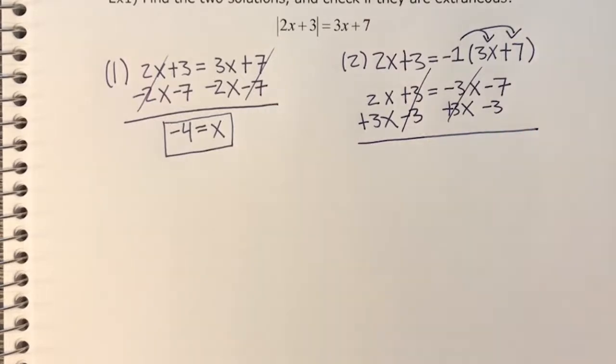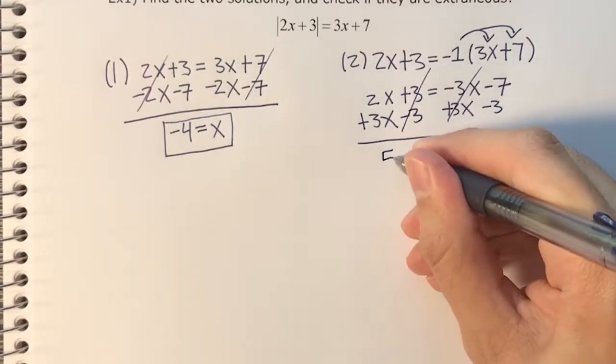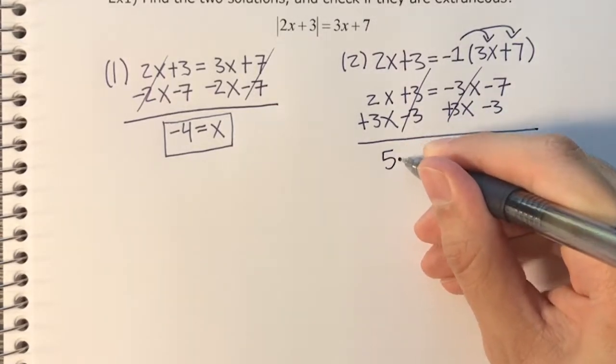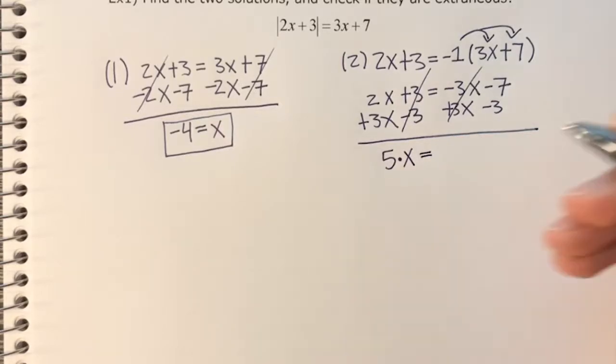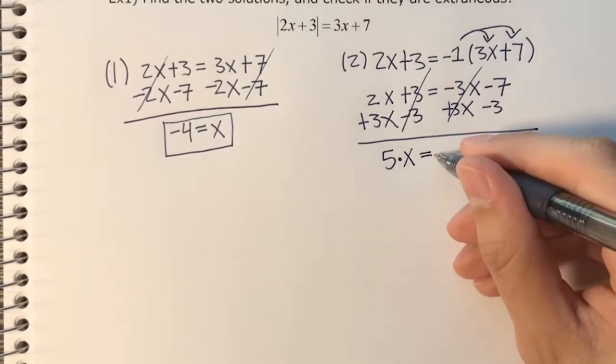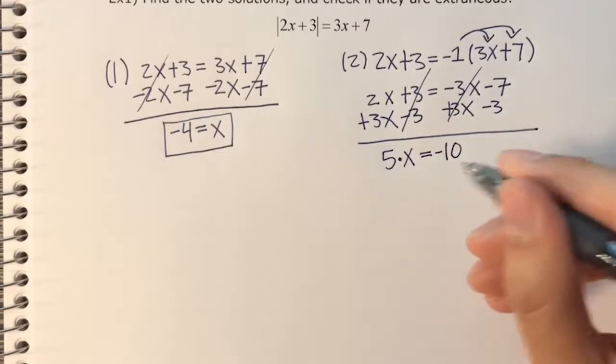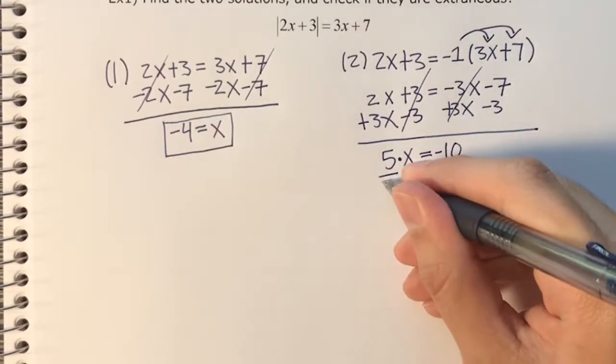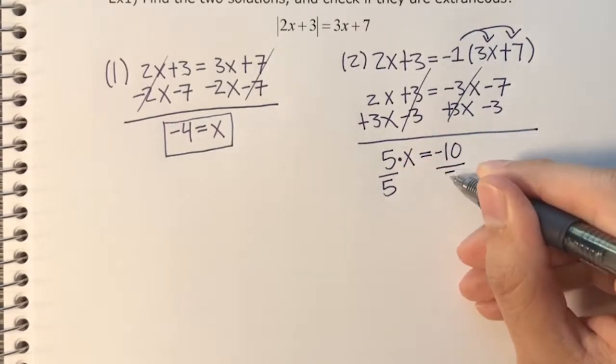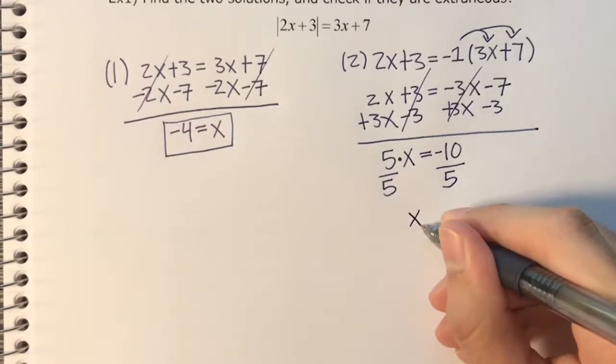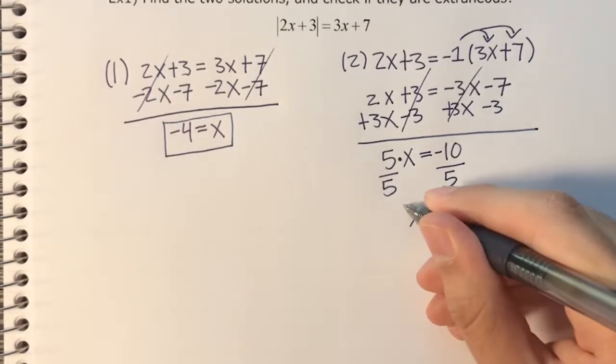Goes away. What's 2 plus 3? That's 5x. Negative 7 minus 3, that's negative 10. How do I get rid of that 5? Opposite of multiplying by 5 is dividing by 5. So my x equals negative 2.